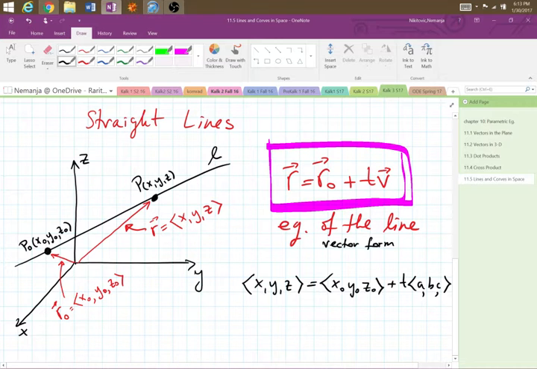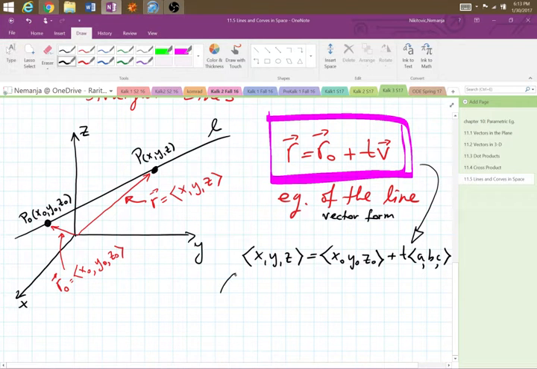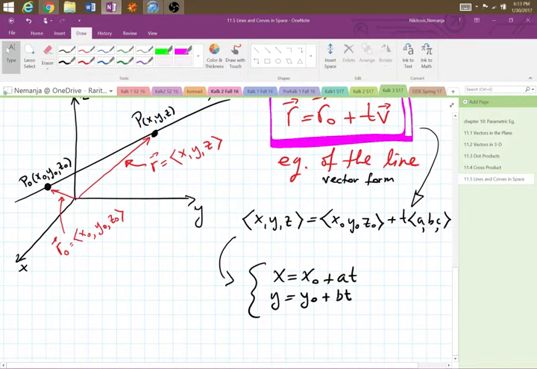So I can expand the formula into this, and then from there write the parametric set, which is x equals x0 plus at, y equals y0 plus bt, and z equals z0 plus ct. This is the parametric form.